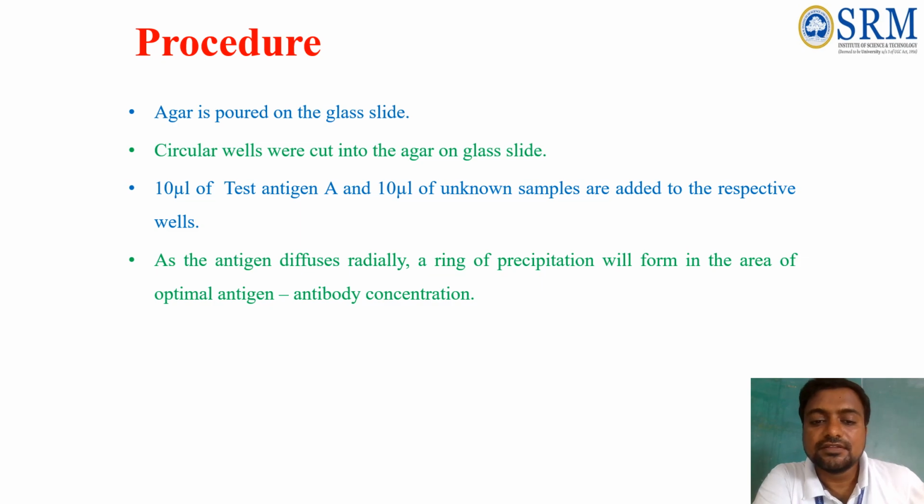The antigen diffuses radially, and thereby a ring of precipitation will form in the area of optimal antigen and antibody concentration. So let's have a look at the demo of this experiment.